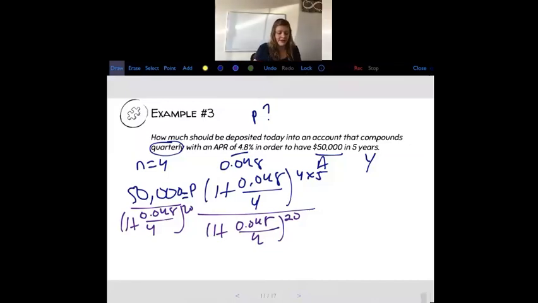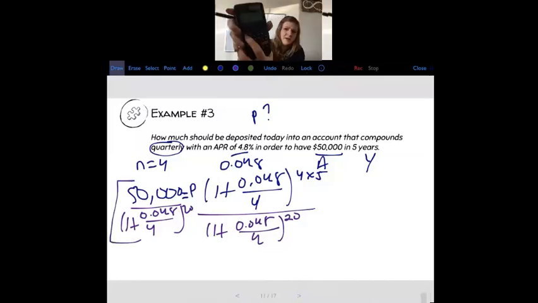Okay, so if you're using the Casio, you can put it in your calculator just like what's written on the left-hand side. You would use the fraction button, okay, and then you would put 50,000 on top. And then in the bottom, make sure you keep parentheses where they are in the original problem. Okay, use the fraction bar again.